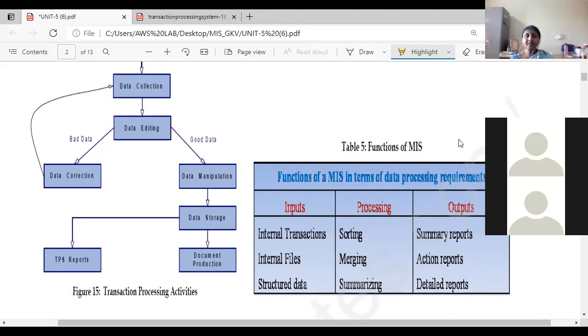In that way, the functions of MIS can be used for sorting, merging, and summarizing operations. We are going to get summary reports, detailed reports, and action reports. Those can be generated when you are using the MIS with TPS. Now note down this table and the flow chart.